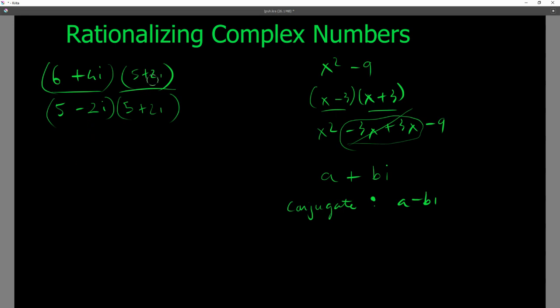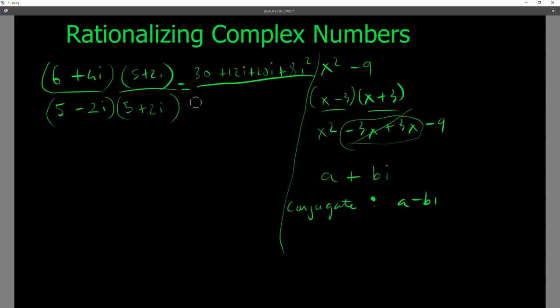And watch what happens, okay? The top becomes 30 plus 12i plus 20i plus 8i squared. Now the bottom is the important part, because the top, I don't care if there's i on top, but I'm trying to get rid of the i at the bottom.